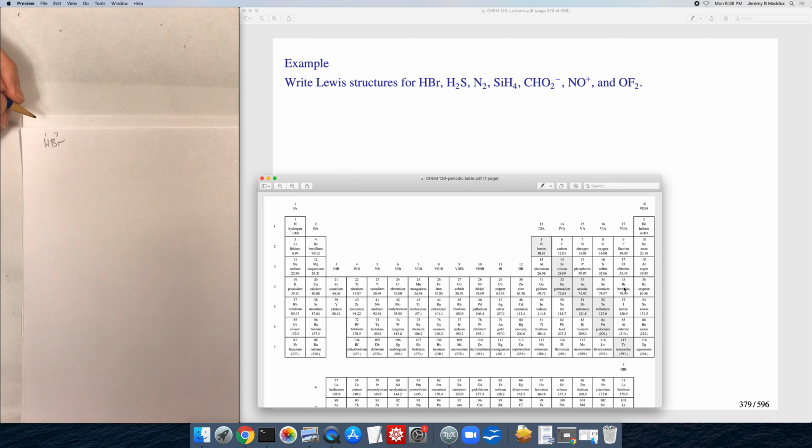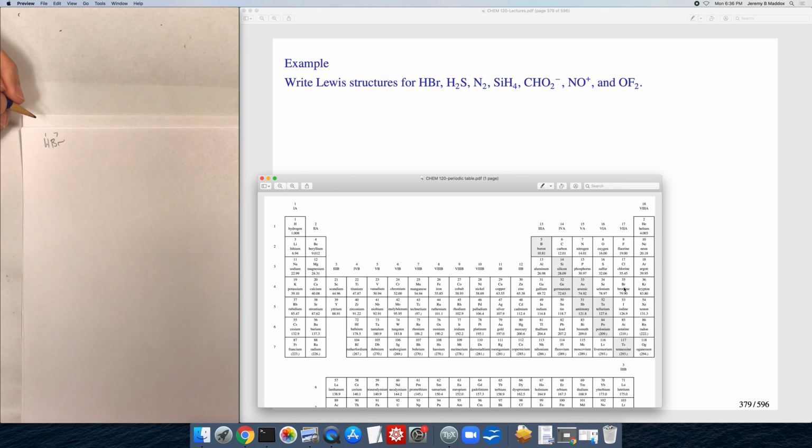We're going to add them here to the bromine: 1, 2, 3, 4, 5, 6. Okay, so that accounts for all of the valence electrons that we had. If you look for octets, you see that bromine's got 2, 4, 6, 8 electrons around it. It's got a full octet. Hydrogen has the 2 valence electrons that it needs.